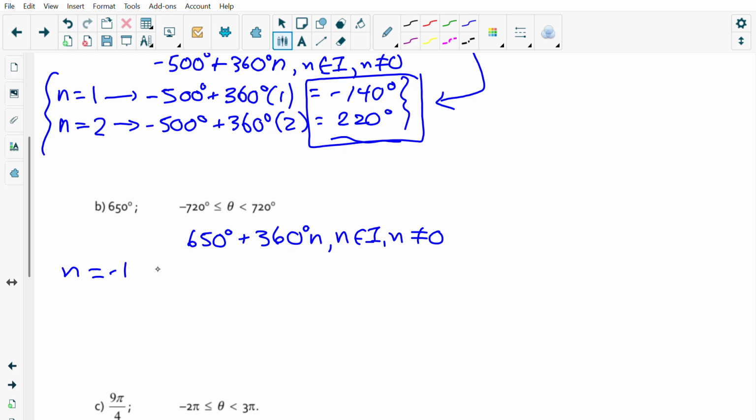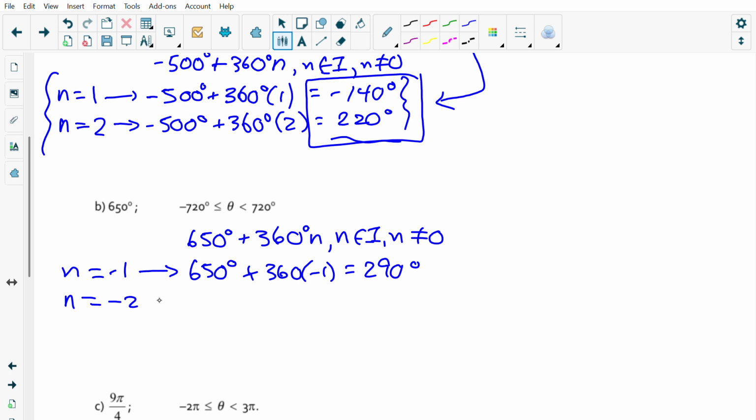N equals negative 1. That's 650 degrees plus 360 times negative 1 equals 290 degrees.